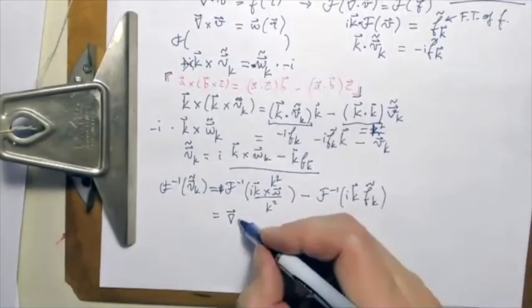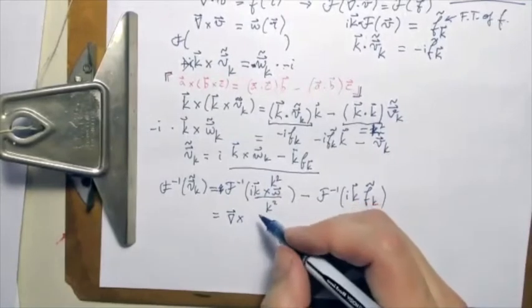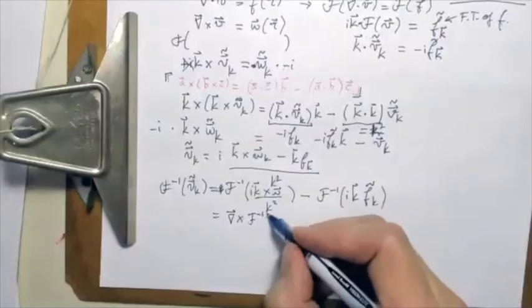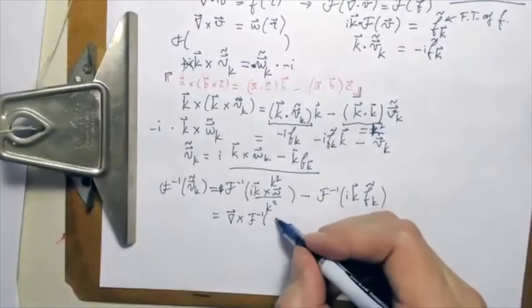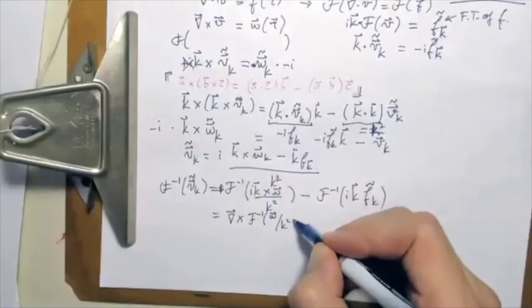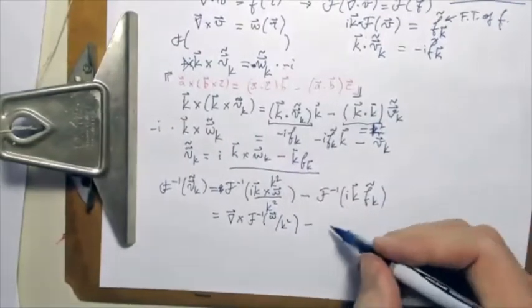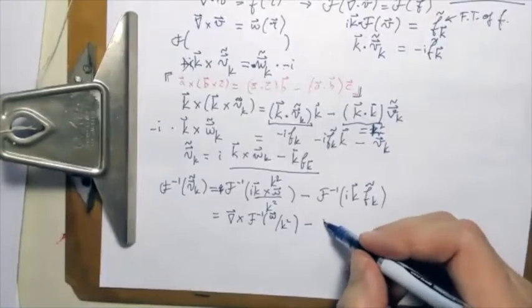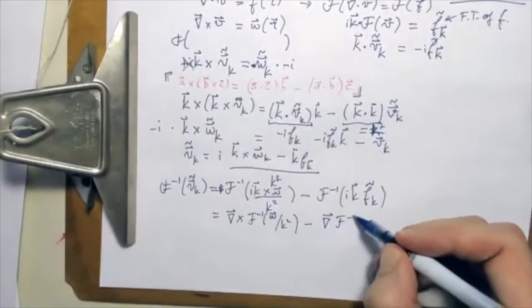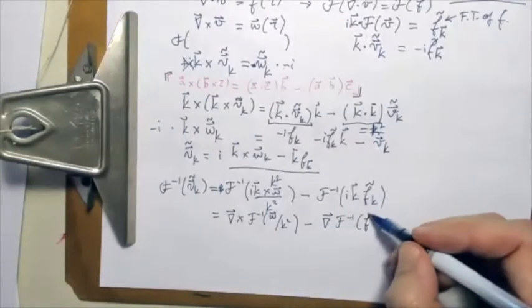So this is now the curl of the inverse transform of that w over k squared minus the gradient of the inverse transform of f.